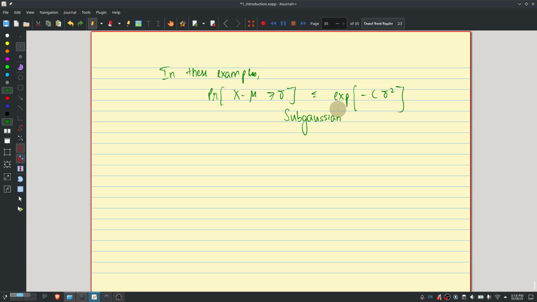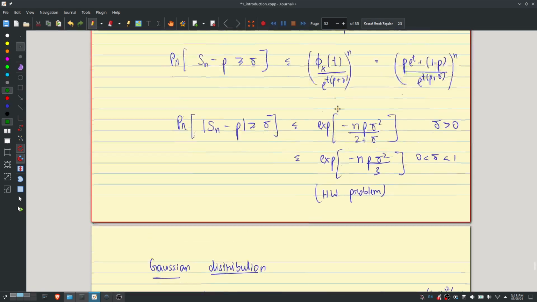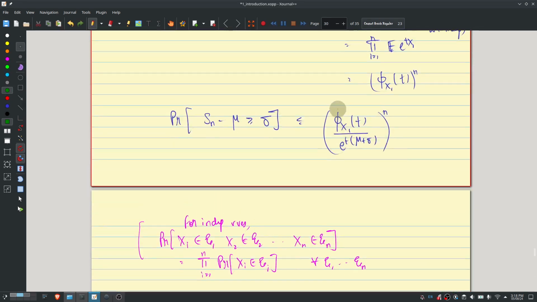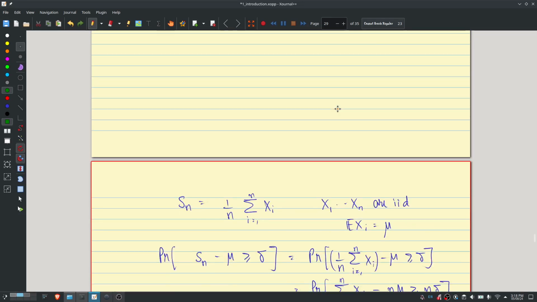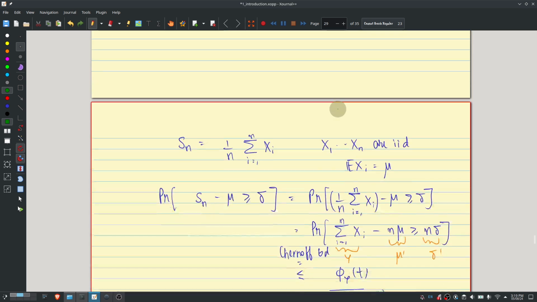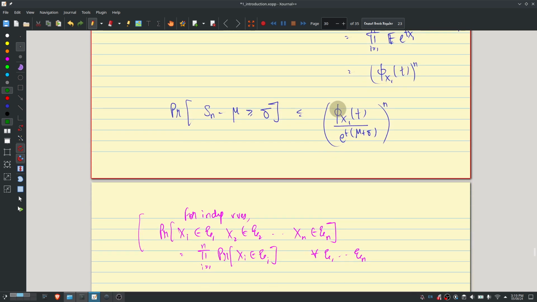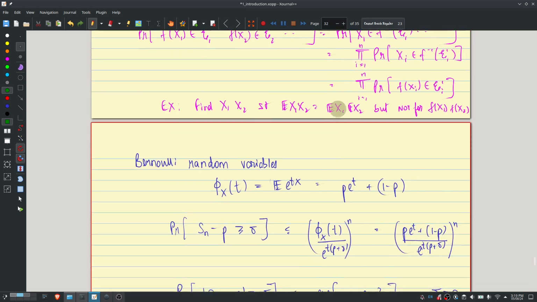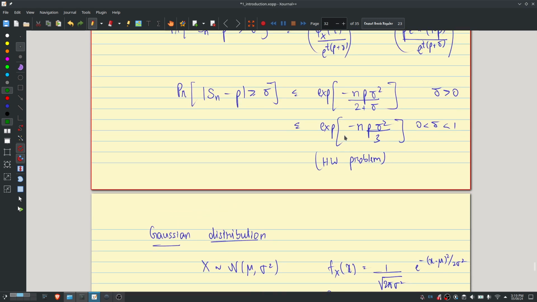So again, this is not the tightest bound, but we saw the example of the Bernoulli random variable, in which case I have e raised to minus some constant times delta square.